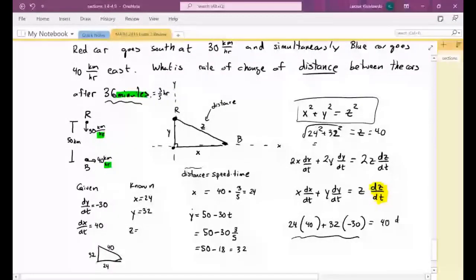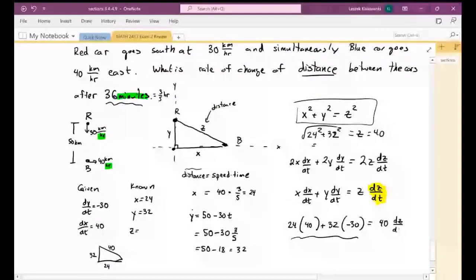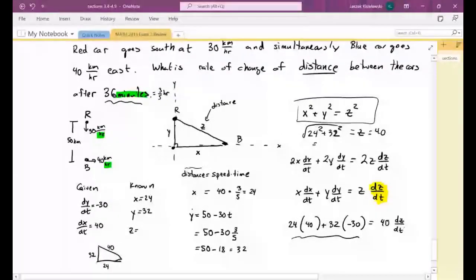Right, because what is dz/dt finally? Anybody have a calculator? Zero, thank you. So 0, if you solve for dz/dt.